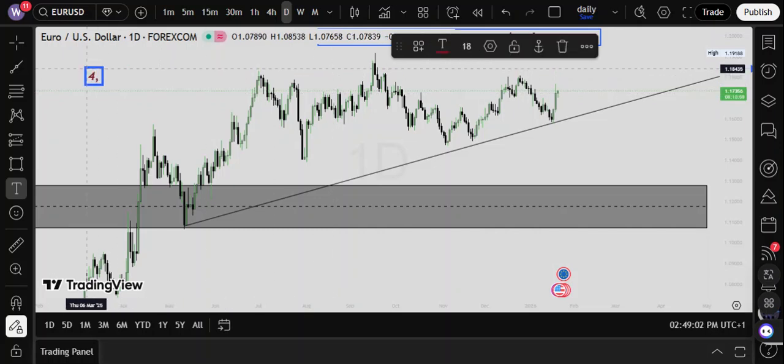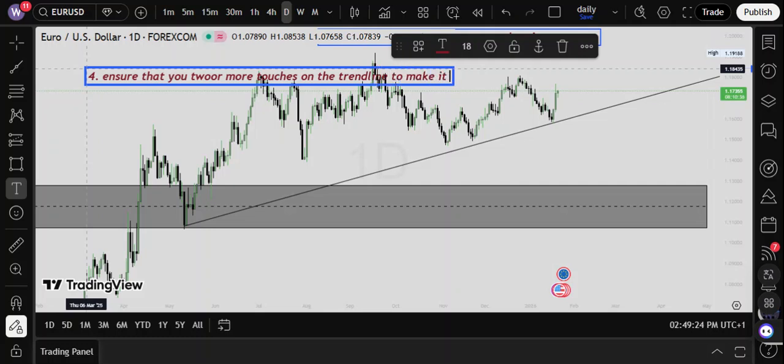So we have point 4. We have to ensure that you have two or more touches on the trend line to make it valid.